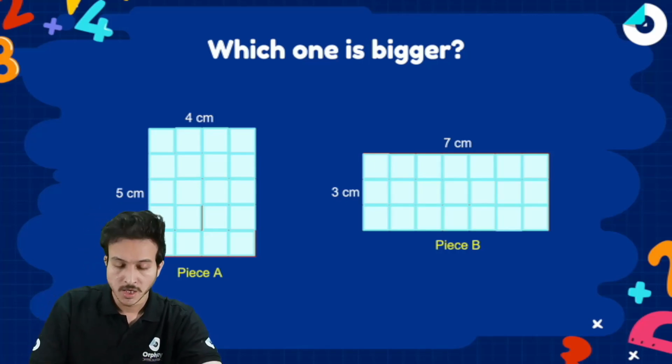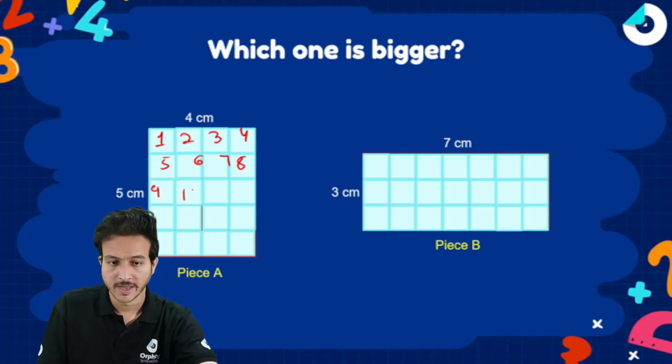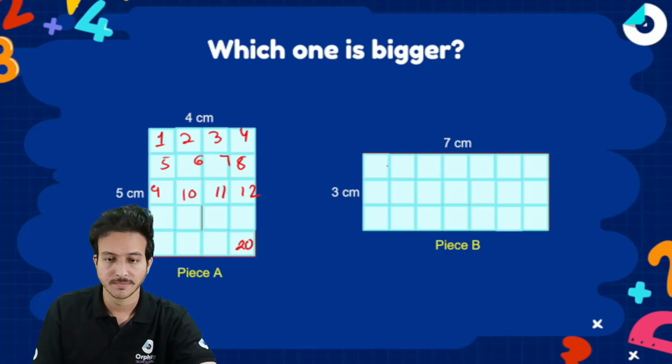Now you can see, you can count 1, 2, 3, 4, 5, 6, 7, 8, 9, 10, 11, 12, and so on up to 20 over here. You can count, it will give you a total of 20. Similarly, when you count over here, you will count up to 21.